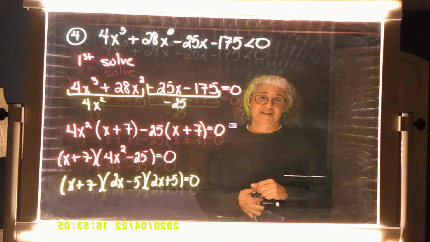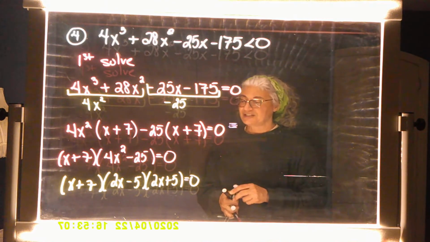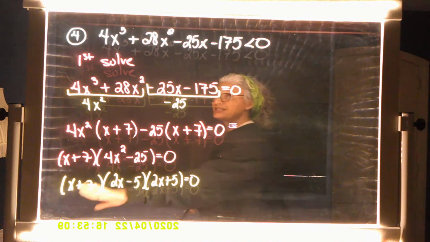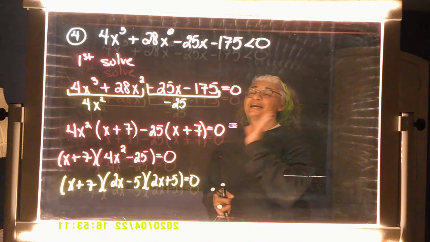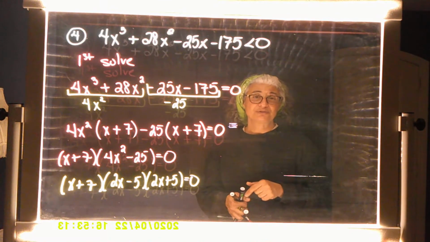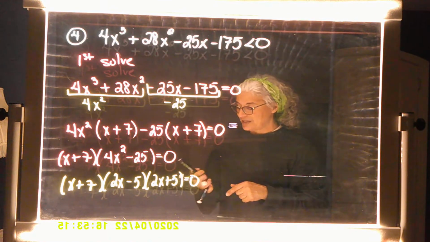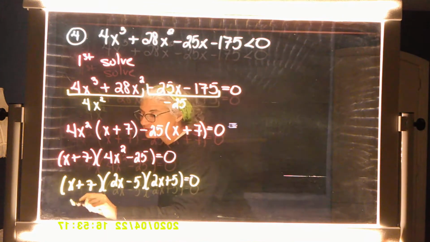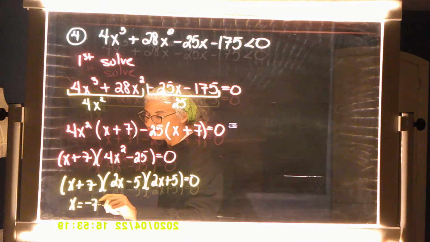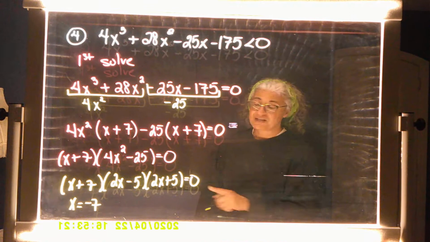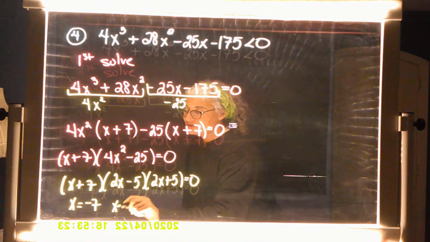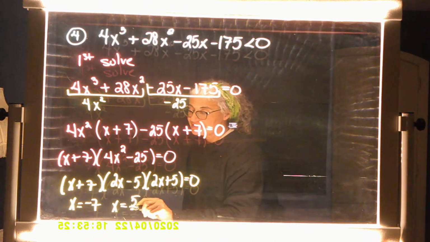Now am I done factoring? I certainly am. And I get to take each one of these and set it equal to 0. When you set each one equal to 0, you'll get a negative 7 from the first parenthesis. From that second parenthesis, you'll get a positive 5 halves.